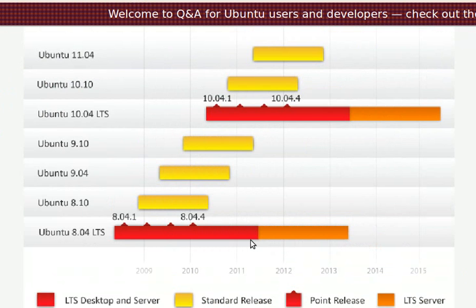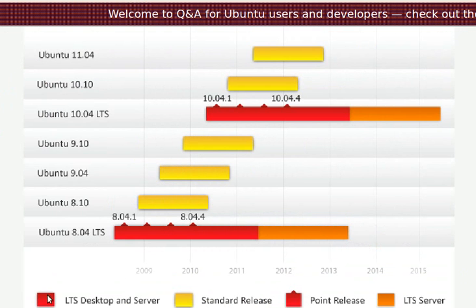In other words, 3 years. The 4th month of 2008 until the 4th month of 2011. That's your 3-year cycle for the desktop, from here over to here, and then for the server, it's another 2 years out to the 4th month of 2013, I suppose.